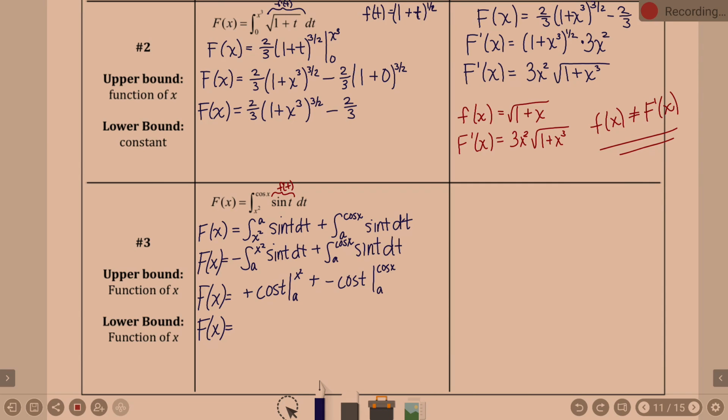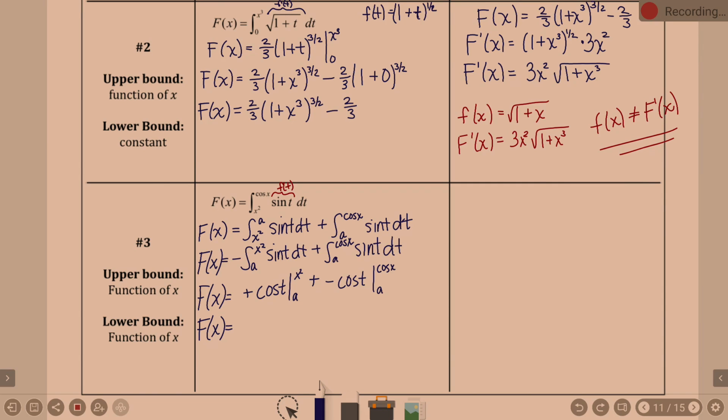Don't assume that it's probably right. My apologies. Because we talked about it: the integral of sine is negative cosine. It's a negative of a negative, so it should have been positive.